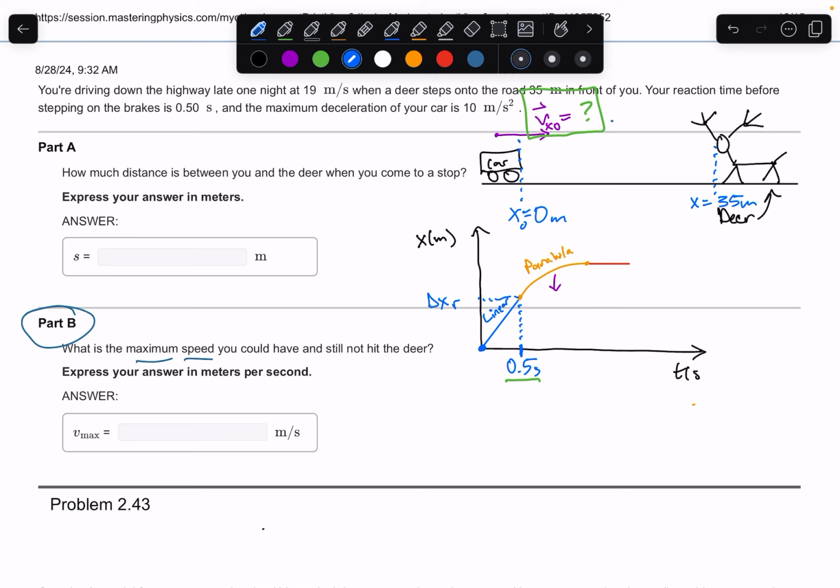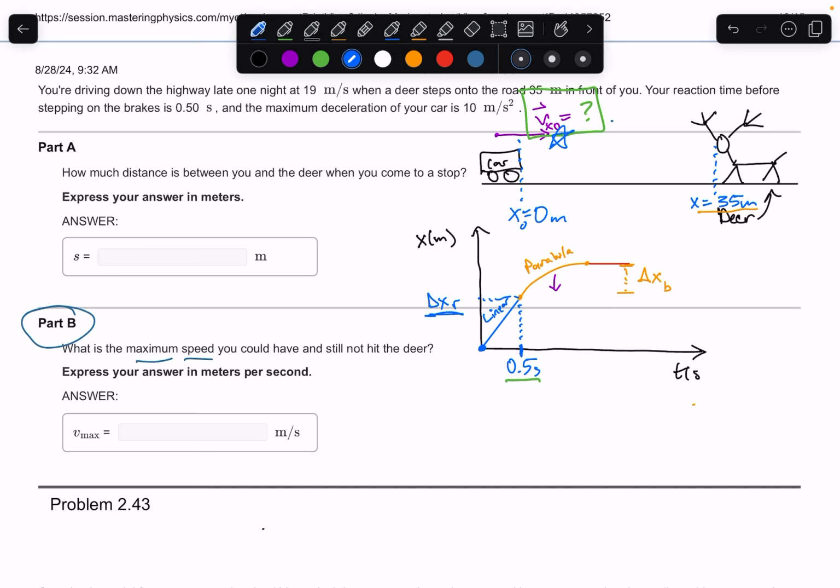Then there's this distance that we go, delta xb for braking. Those two distances added together need to give us 35. The deer is still 35 meters away, and we have these two displacements that we don't know because we don't know what velocity we started with. That's our unknown.